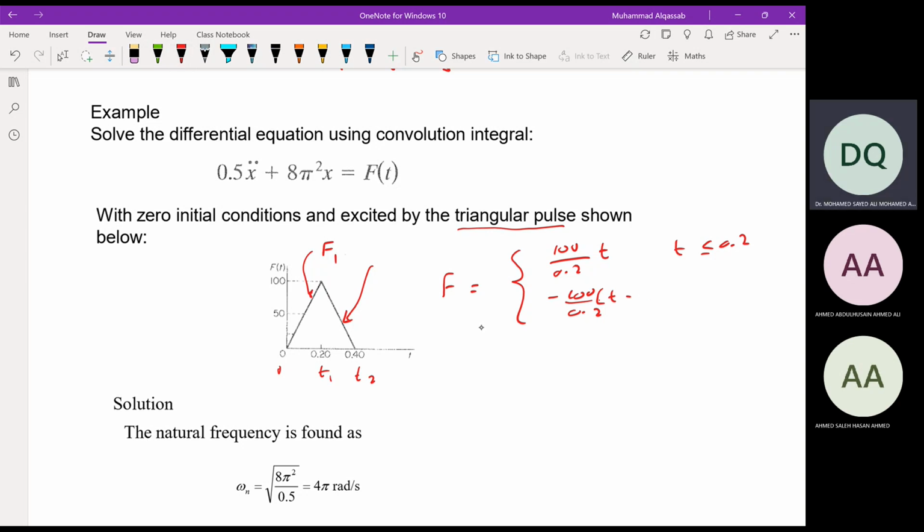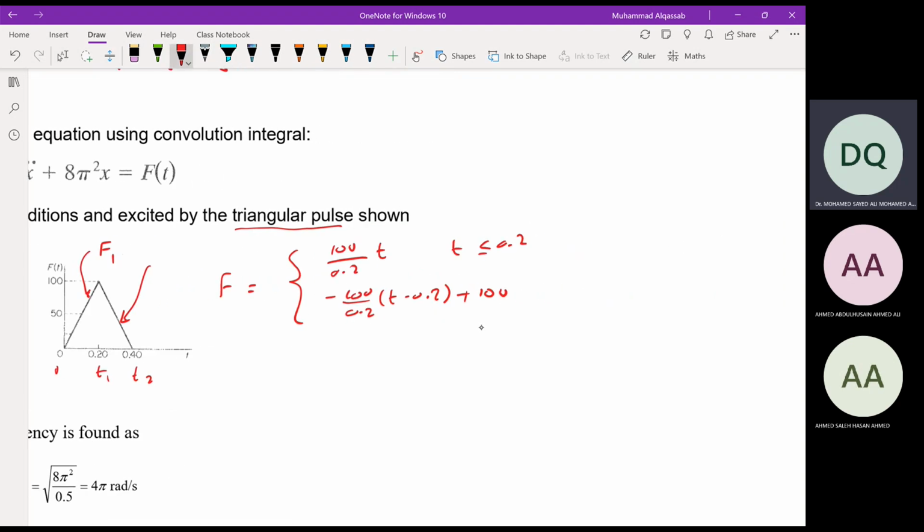I'm directly substituting in the equation of a straight line. You can simplify this equation, but this is valid for t greater than 0.2 less than or equal to 0.4, and then 0 for t greater than 0.4.